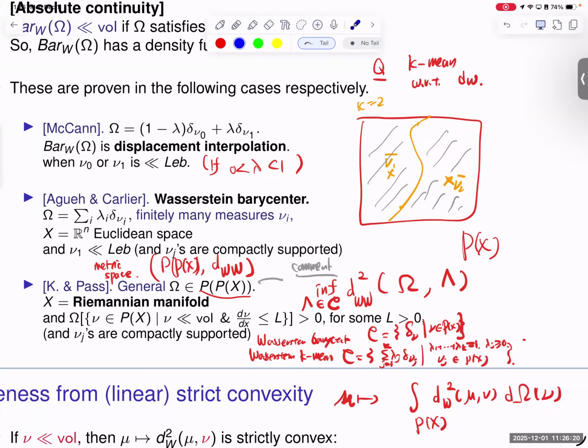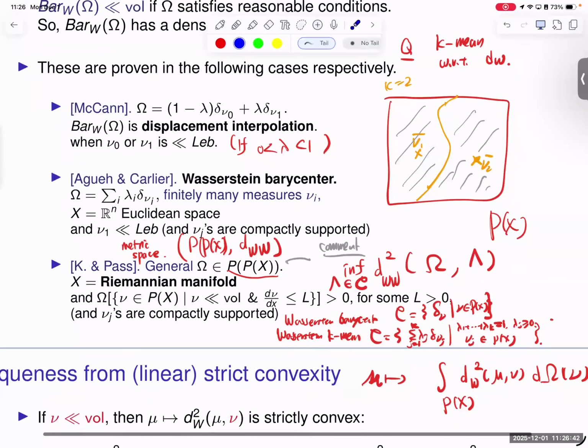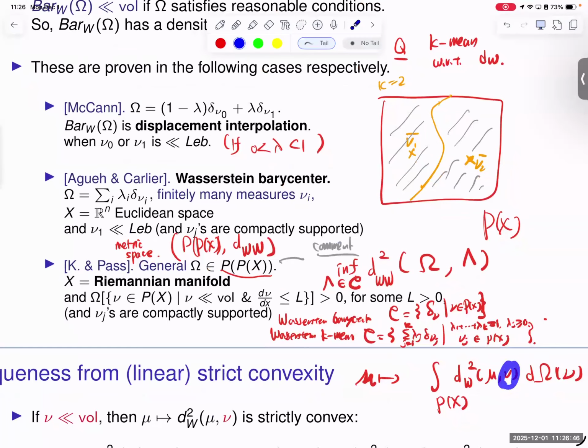So uniqueness comes kind of automatically if we knew that this functional is strictly convex, right? If the function is strictly convex, it looks like this. So you have a unique minimum point. That is exactly what happens.